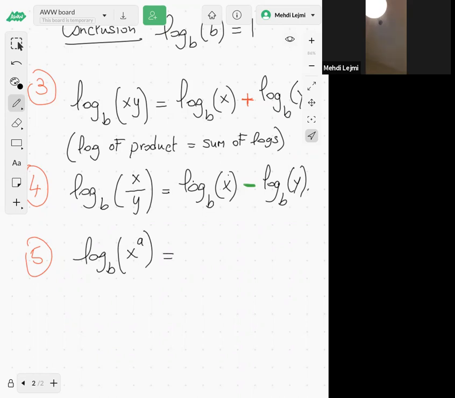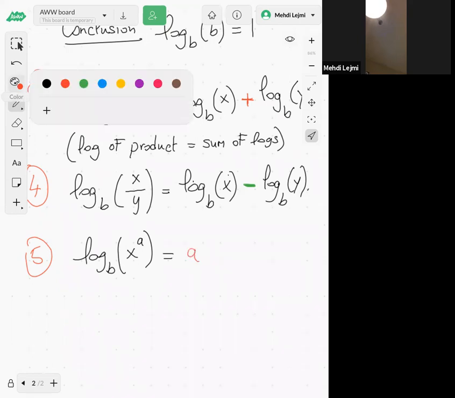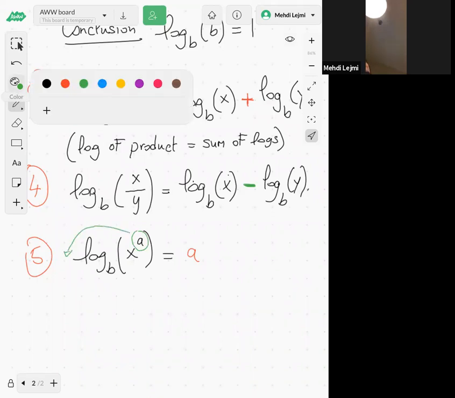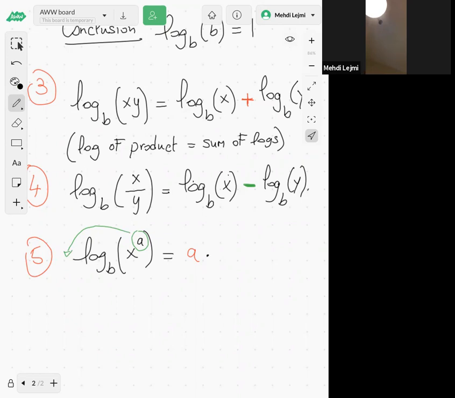So if you have inside the log x to some power a, then what happens, guys, is that you can pull out this power a and put it in front of the log. So that will be equal to a times log in base b of x.